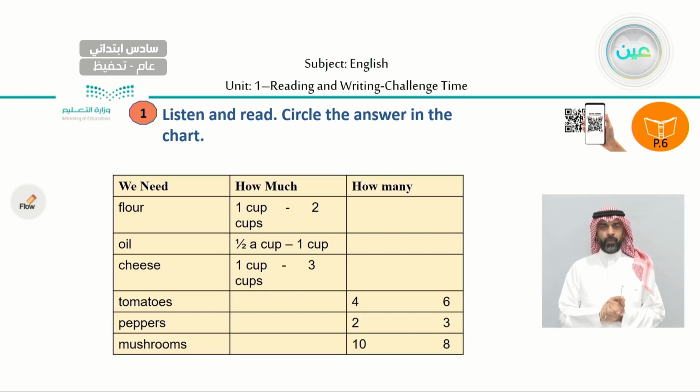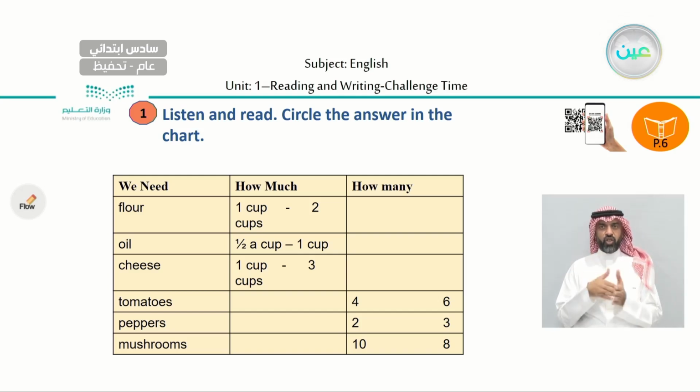How much flour do we need? We need 2 cups of flour. And oil? How much oil do we need? Half a cup of oil. And cheese? How much cheese? 3 cups of cheese.